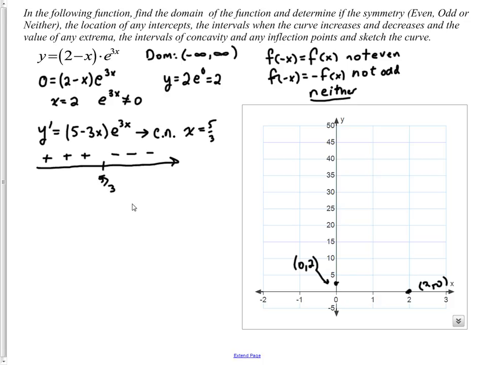So this function has a maximum at 5/3 by the first derivative test, where it changes from increasing to decreasing. And we would want to substitute x equals 5/3 into the original function to find the y value right here.